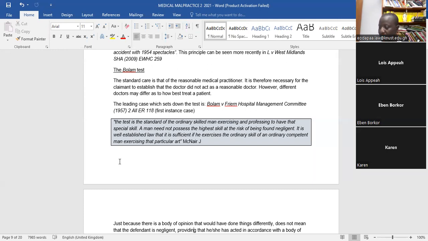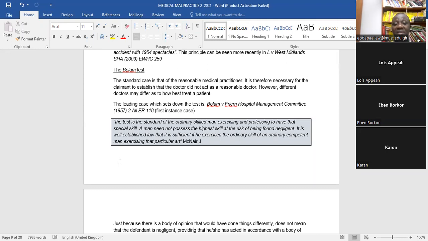So it was in that context that the judge, in directing the jury, told them that, as to whether what happened fell short or did not fall short, they should know that, quote, the test is the standard of the ordinary skilled man, exercising and professing to have that special skill.